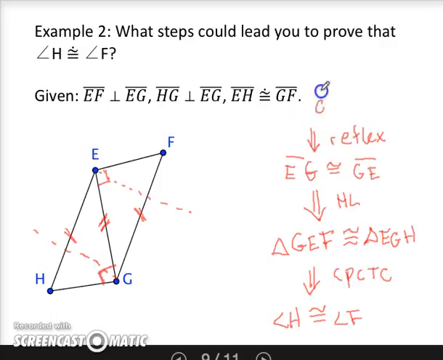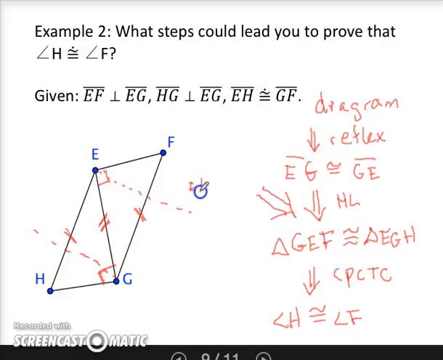And that was just simply from the diagram. I also needed, I'm going to put this coming in from the side here, that EH and FG were congruent.